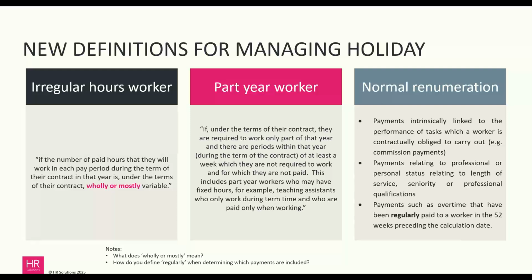That's going to be relying on test cases. We don't have definitions of what those two words mean. So it's going to be for an employer to make that judgment on looking at the records of the hours that have been worked, on whether they're mostly variable or not. So that's an area for the employer to make a judgment, but essentially it's about where the hours are variable.